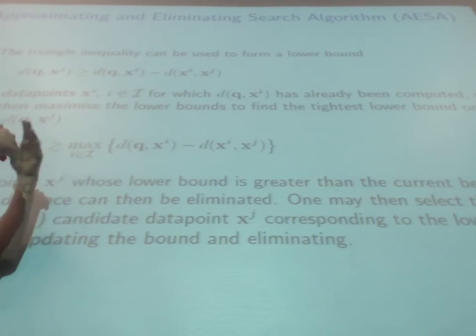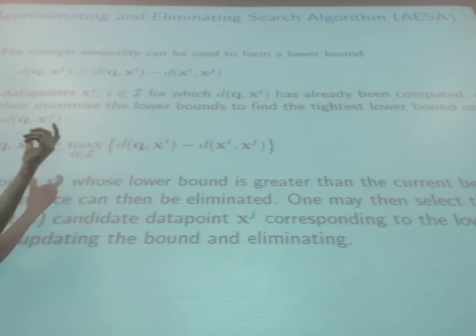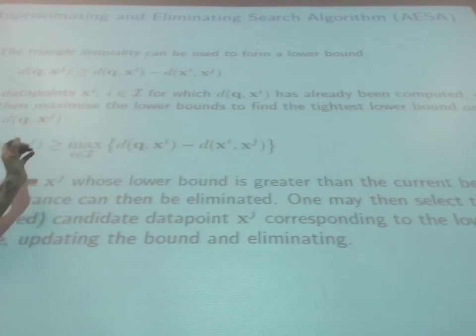So the number of maxes here has the potential of growing, as I've calculated each distance in the past. There are questions about whether you really want to grow that, because that will increase the complexity of computing these bounds at each point. But there's a trade-off, because the more you include, the more you may be able to eliminate, because the bound is getting tighter.